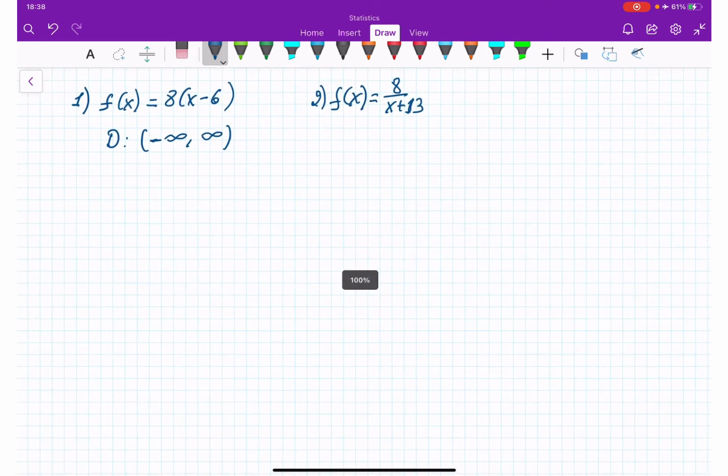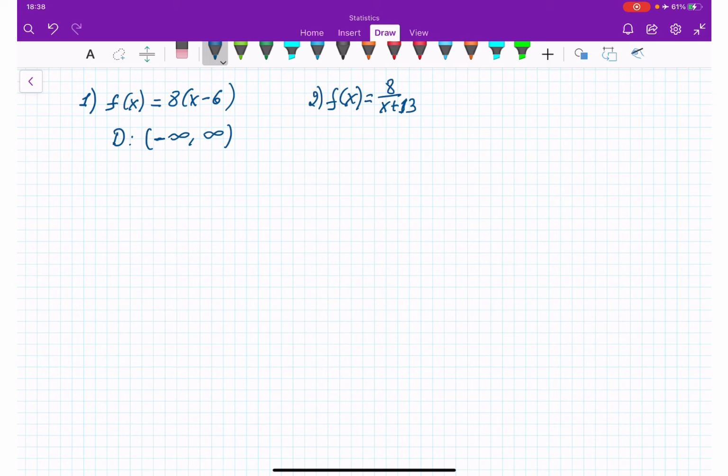We cannot say it's going to be negative infinity, positive infinity, because we have division, and we cannot have division by 0, which means in this case x plus 13 cannot be equal to 0, which means x cannot be equal to negative 13.